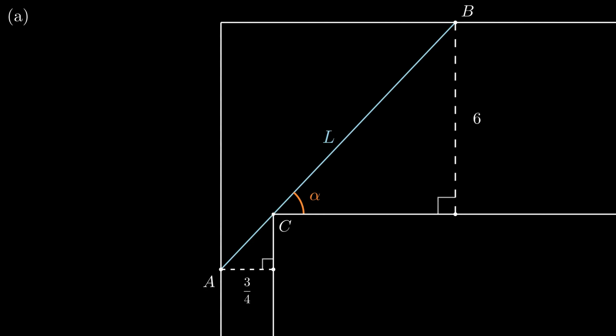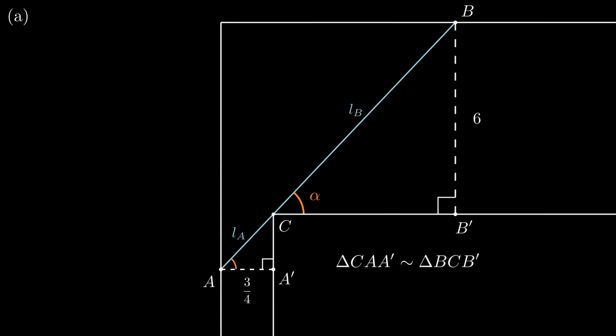Notice that we can create right angles by projecting A and B to their opposite wall respectively. This naturally generates two triangles CAA' and BCB', so we can break down L into two distinct lengths, length of A and length of B. We have two parallel lines crossed by the transversal AB, a classic configuration, and so CAA' and BCB' are similar.